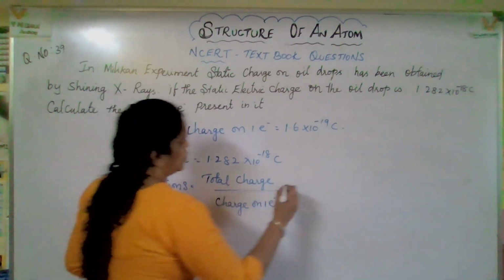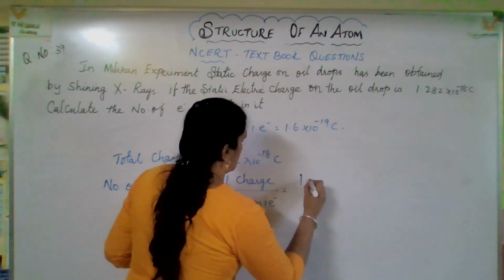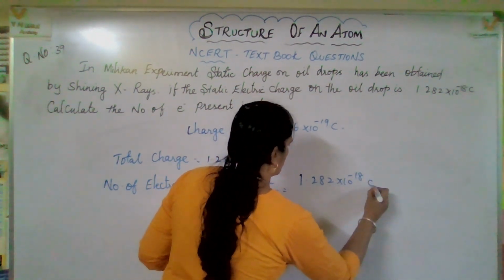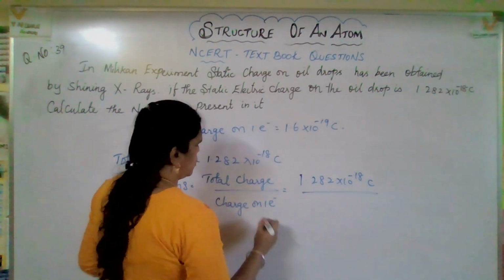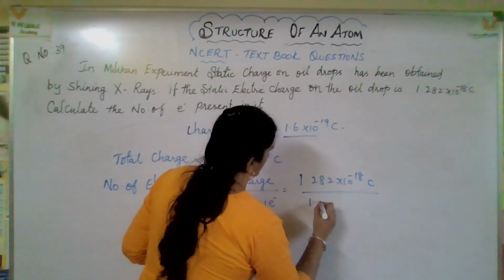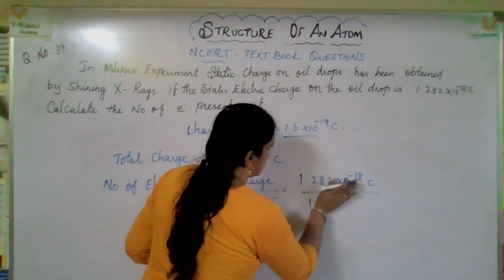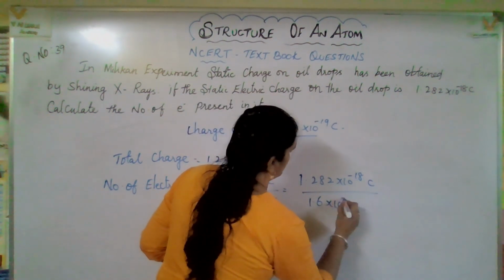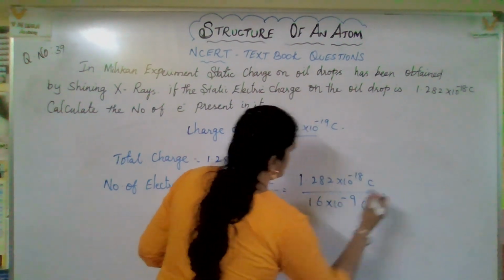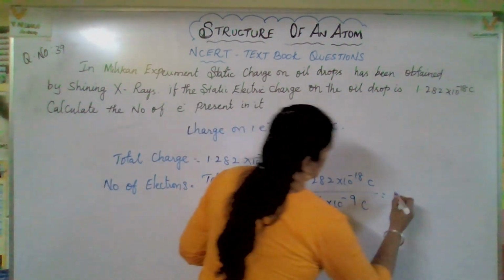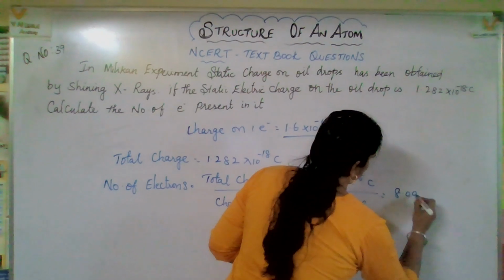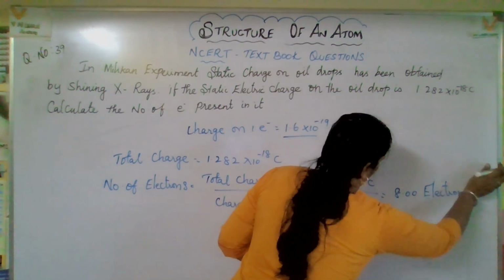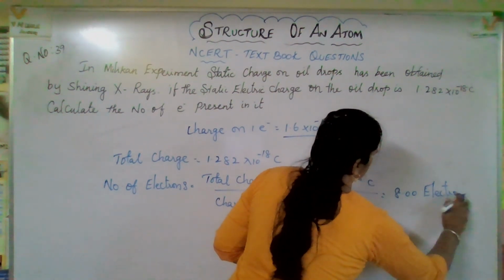So here total charge 1.282 into 10 to the power of minus 18 coulomb divided by charge on one electron, 1.6 into 10 to the power of minus 19 coulomb. So what is the answer you will get? You will get 8.00 electrons. I hope you got a clear idea about this question.